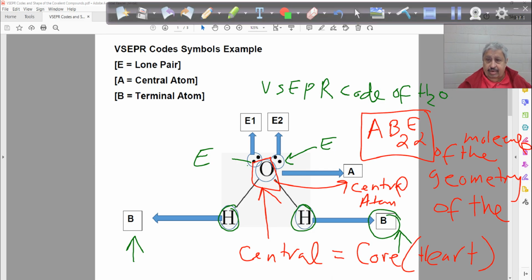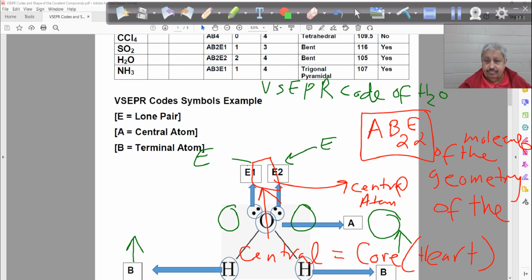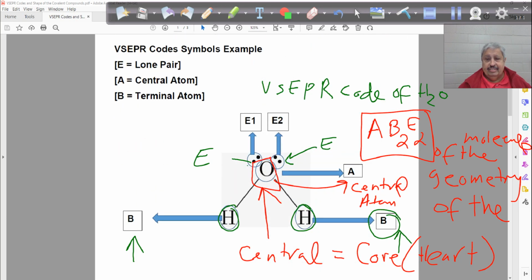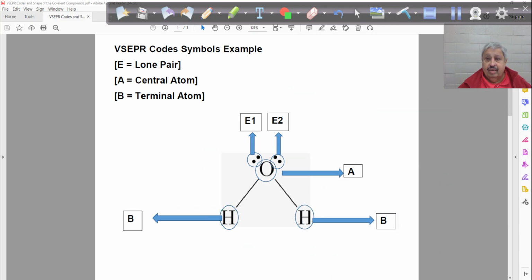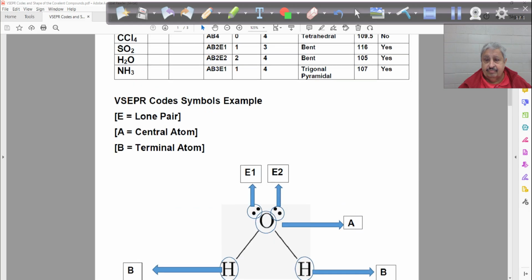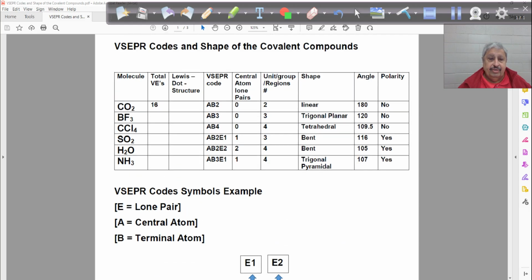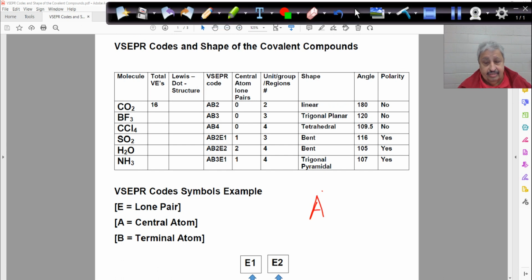Everybody has this. Now here we have the code. H2O is A, the central atom, B, two terminals, and two lone pairs.